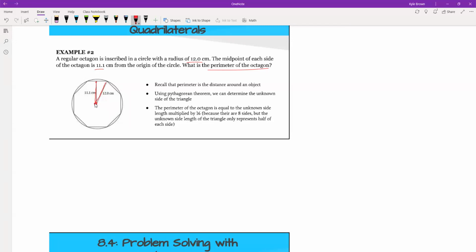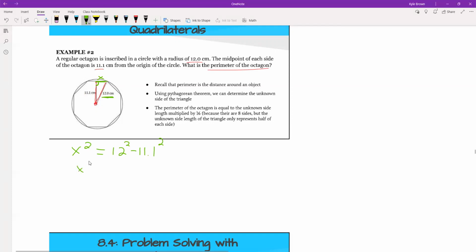We got the idea, but what we can figure out now is that I've made a little right angle triangle. So right there, I can figure out that green side of the triangle using the Pythagorean theorem. a squared plus b squared is equal to c squared, but we have the hypotenuse. So let's call that x for a second. x squared is equal to 12 squared minus 11.1 squared.